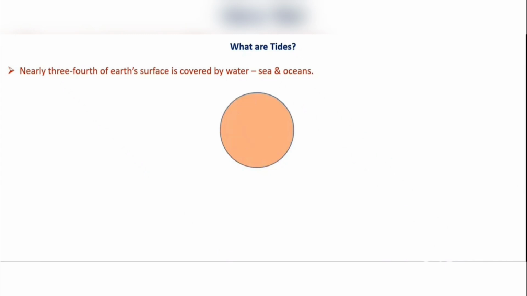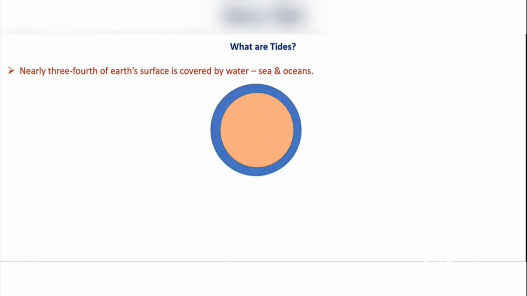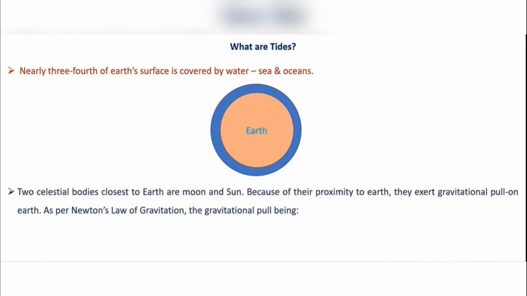Now, Earth, when surrounded by water, under normal circumstances, you would not expect the level of the water changing with time. That means depth at a given place under normal circumstances would be expected to remain unchanged. However, we also know that Earth has two celestial bodies in its close proximity, the Moon and the Sun.